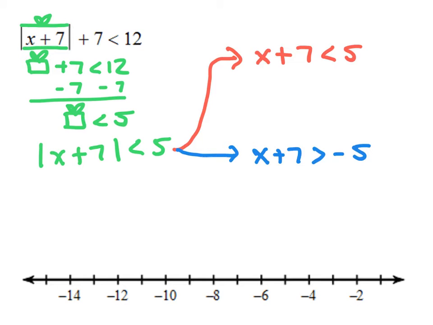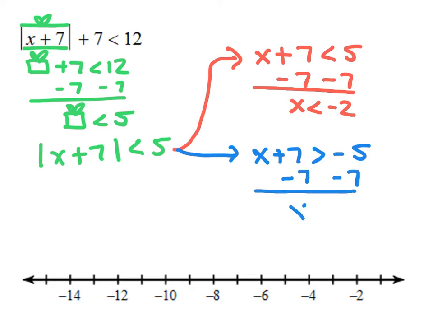In this case, like we talked about yesterday, you are flipping the inequality sign and making the number negative. Now you're going to solve each inequality like you normally would. To solve the first one, I would subtract 7 from both sides to get x is less than negative 2. And to solve the other one, you would subtract 7 from both sides to get x is greater than negative 12.